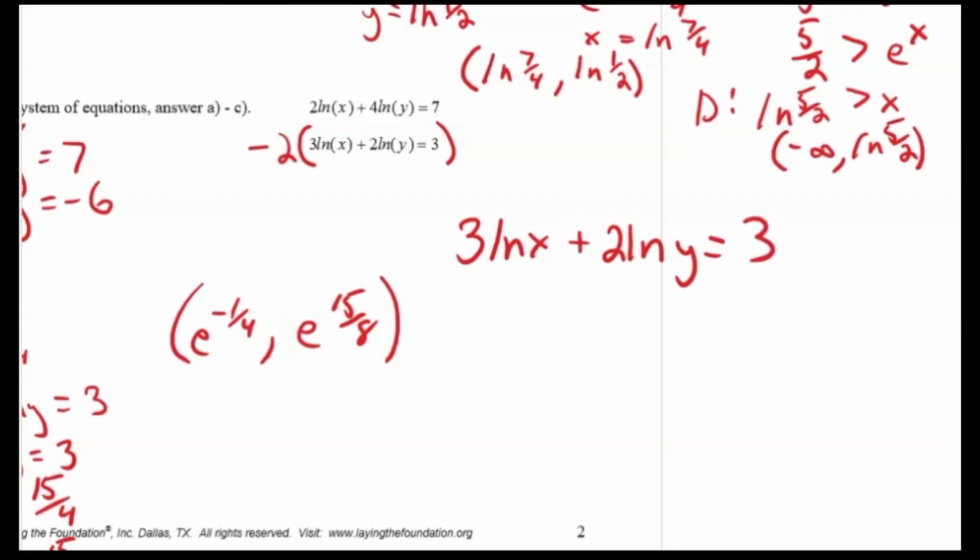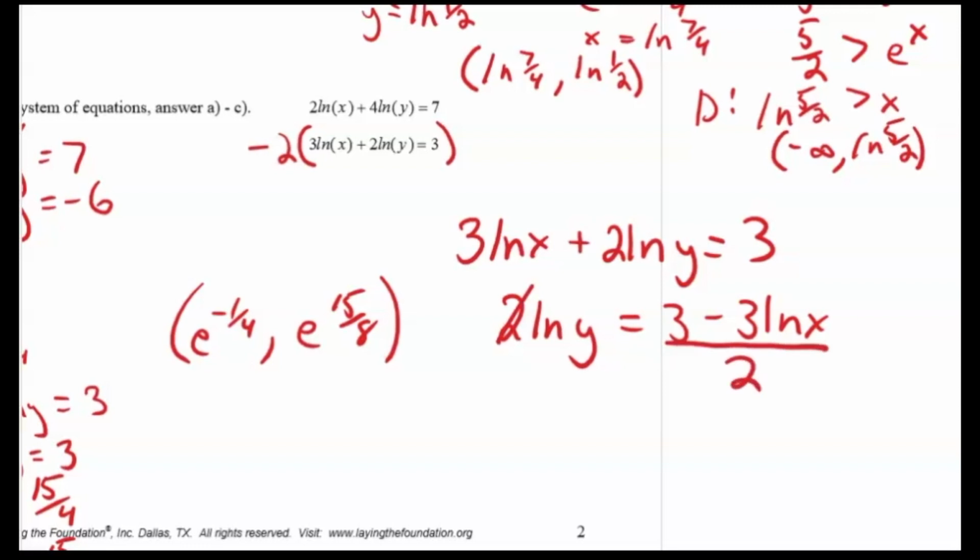If I want to solve for y, I'm going to bring the 3 ln of x over, so that'd be 2 ln of y equals 3 minus 3 ln of x. We would divide by 2, so we would just get rid of that by dividing all this by 2, and then again you get rid of the ln by base e'ing both sides, so it'll be e raised to the 3 minus 3 ln of x all over 2.